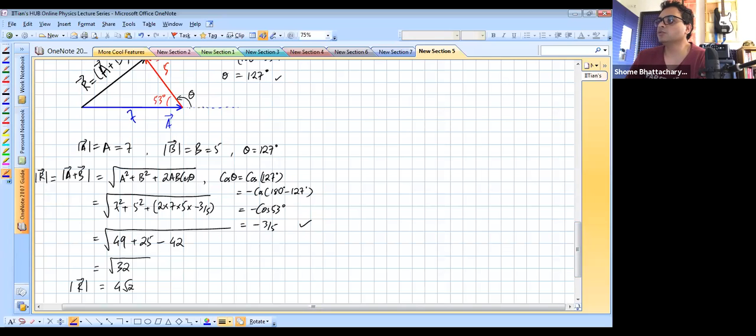Now the other thing we want to do now is we also want to calculate this angle. We wanted to find out this angle alpha. So that's the second part of this. So that's where we'll use the tan alpha formula.